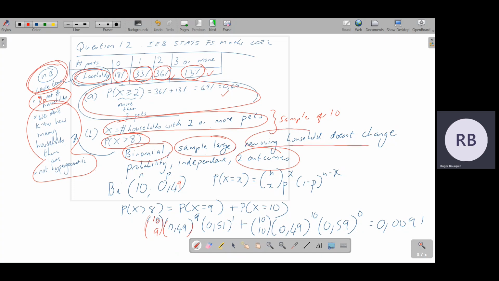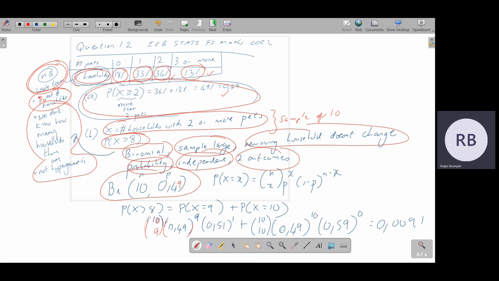And if we take a household out from a whole town, it doesn't affect the next draw of a household, so you're not changing the probability. For me, independence is a key thing. Once you've taken out one household, will it change the probability? Well, it won't, because the sample size is too big. So they're independent. Independence is a key thing for deciding whether to use binomial or hypergeometric. So it's a binomial distribution.